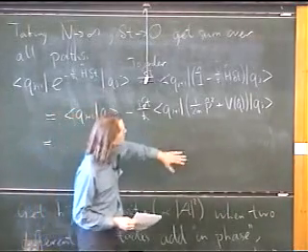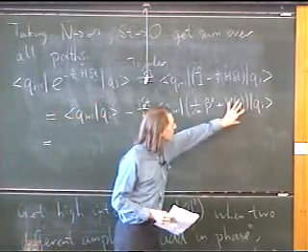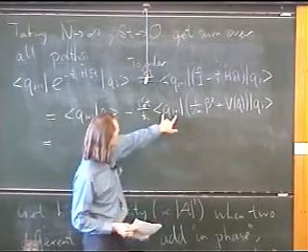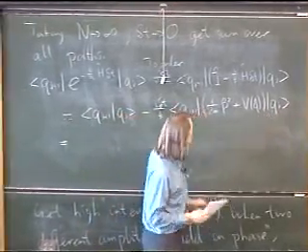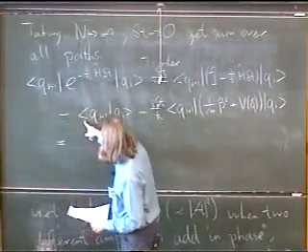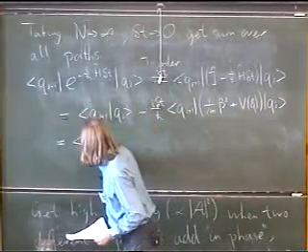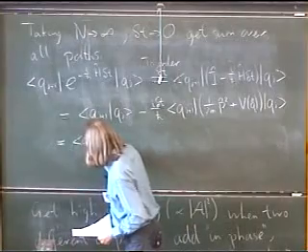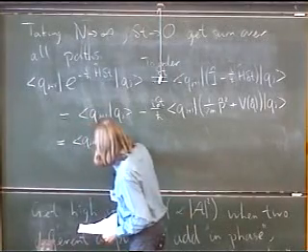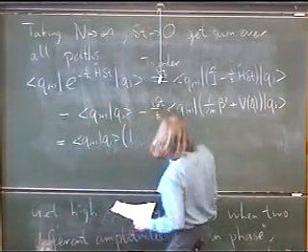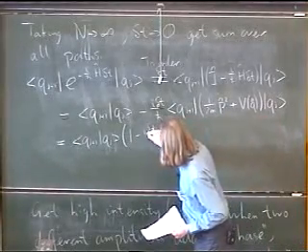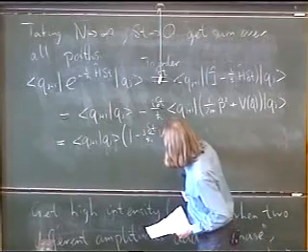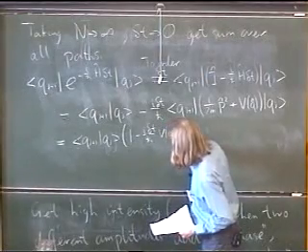And then that will just be a function, so we can bring it out, it's just a number. And then again, we've got a product of qj plus 1 with qj, which is the same as this form. So we get qj plus 1 with qj, and we get 1, and then we've got minus i delta t over h bar V of qj.